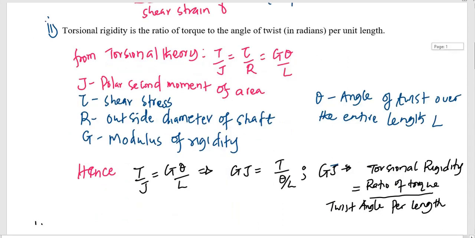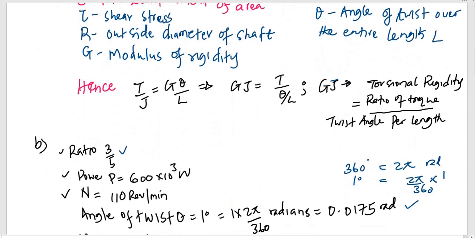When we reorganize T out of J equal to G theta out of L, we get GJ equal to T out of theta out of L. So GJ, the torsional rigidity, is equal to the ratio of torque to twist angle per length. We have answered that one.